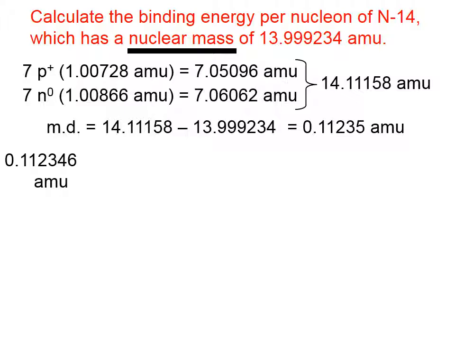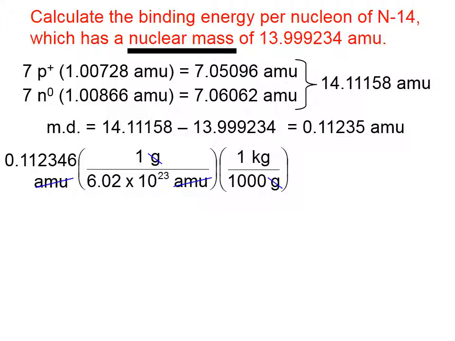Let's convert the mass defect into kilograms, because in order to use E equals mc squared, we need to have the mass in kilograms. My students are required to know that 6.02 times 10 to the 23rd AMUs is 1 gram, and so to convert AMUs into kilograms, we could show these conversions, and there you have the mass defect in kilograms.